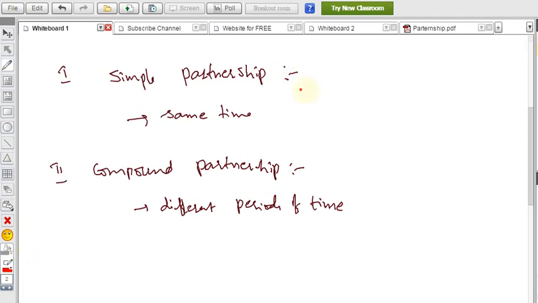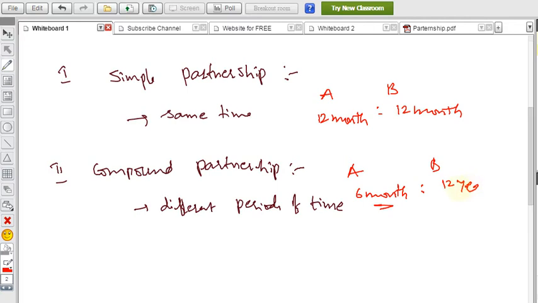Same time means, for example, A and B both invested for 1 year, the same money, that means 12 months. So the ratio is the same, that time must be the same. Now compound partnership: for example, A and B, if A invested for only 6 months, otherwise A joined after 6 months in 1 year, so only 6 months invested, and B is for the complete 1 year, that means 12 months.